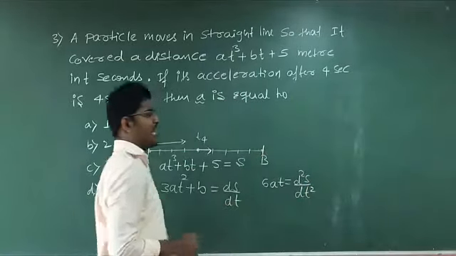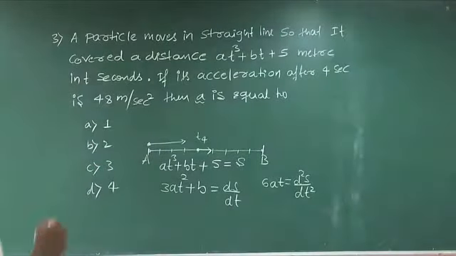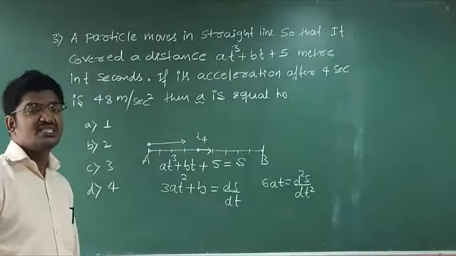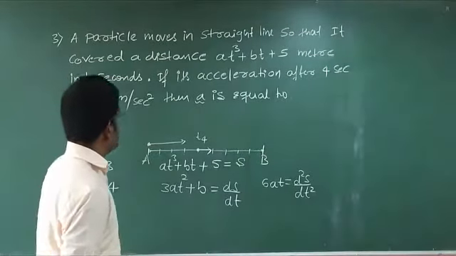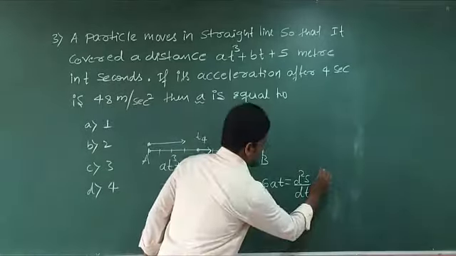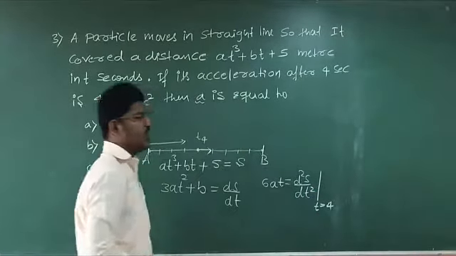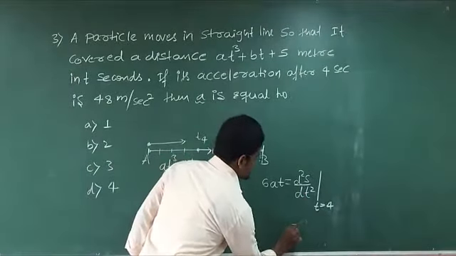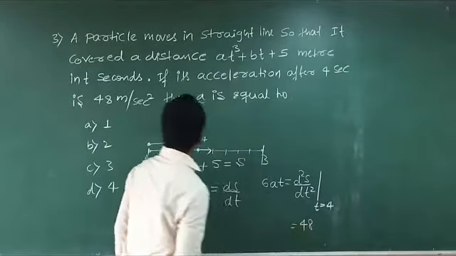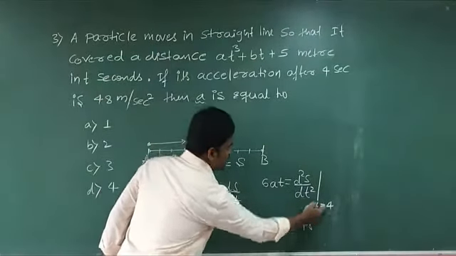Now this is your acceleration. Are you clear? So what they are asking is, what is A after 4 seconds? That means you have to find the acceleration at t equal to 4 seconds. So the acceleration at t equal to 4 seconds is 48 meter per second square. Here the t value is 4.